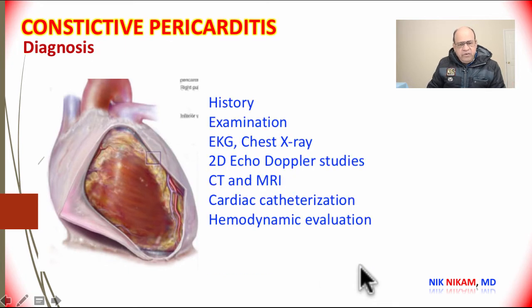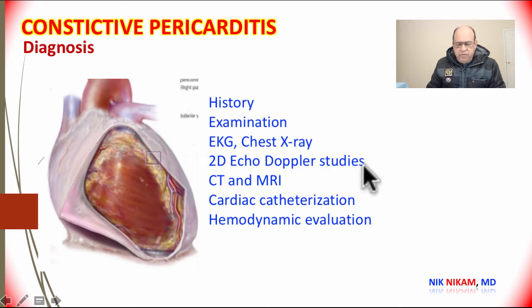Diagnosis is based on history and examination. EKG has very little contribution in terms of diagnosing constrictive pericarditis. Chest X-ray can show some evidence of calcification in patients with chronic, long-standing constrictive pericarditis.